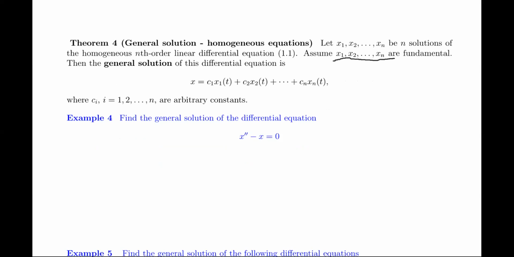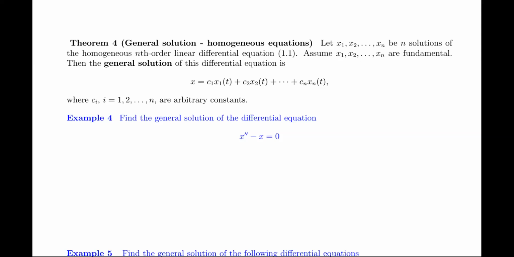then the general solution is just a linear combination of those n solutions. So x is equal to the sum of x1, x2, and so on, where each of those is multiplied by an arbitrary constant.